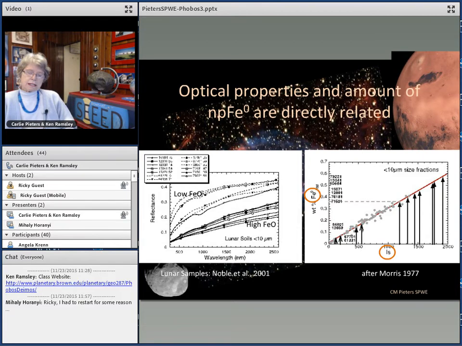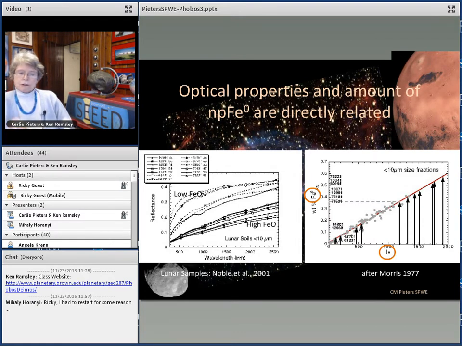What was less commonly known, but which became obvious as experiments with samples became more highly focused, is that the characteristics or the properties of this nanophase iron are directly related and can be measured spectroscopically.